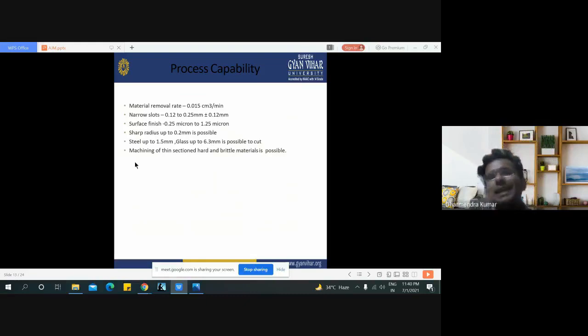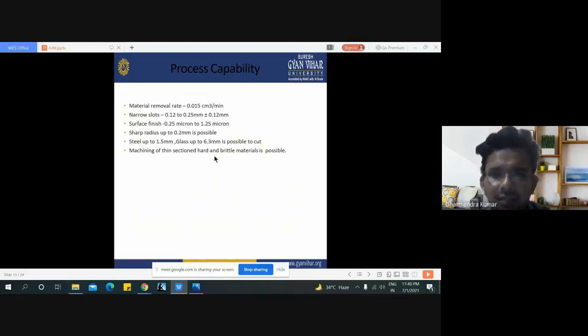Because the material removal rate is dependent on gas flow rate, types of nozzle, and it is also dependent on which type of workpiece we are using in abrasive jet machining. Like if you are using softer material or soft material, then the cutting rate is more, and if you are using hard material like stainless steel or like super alloy, then the cutting rate in this process is slow.